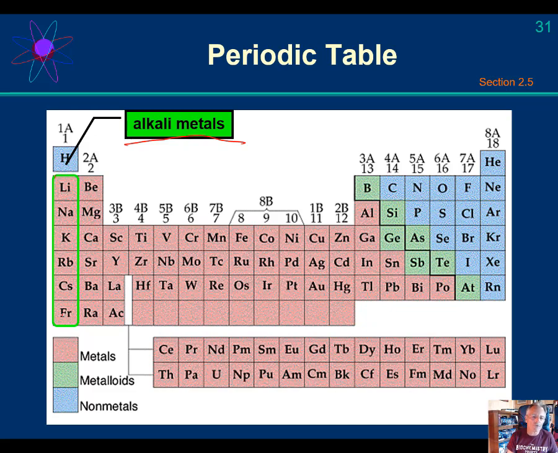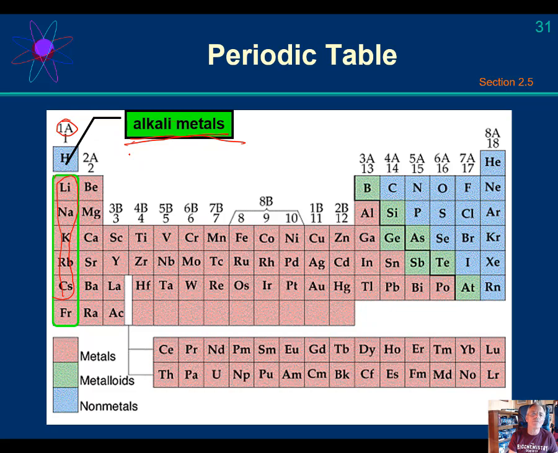You won't really have to worry about francium because it exists in such small amounts, it's radioactive. But lithium, sodium, potassium, rubidium, cesium, you need to know that each and every one of these is an alkali metal. Now, it's in group 1, so I'm going to go ahead and give you some information about that.